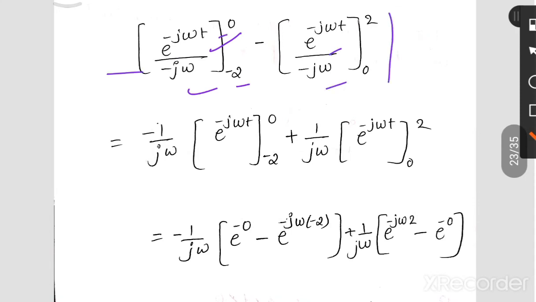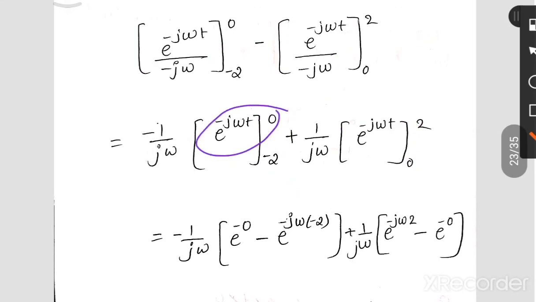Take the first factor, that is minus 1 divided by j omega, outside, e raised to minus j omega t is there, substitute the values of this, and then minus sign plus 1 divided by j omega into e raised to minus j omega t from 0 to 2. Now we'll take the minus sign as it is.